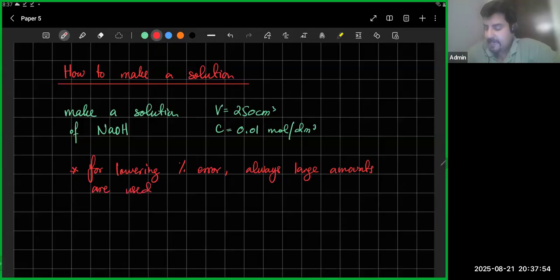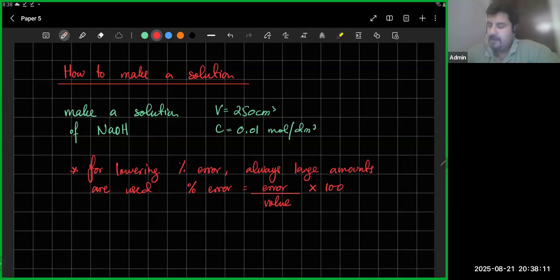Because your percentage error is the error in a measurement divided by the value, whether you're measuring volume, mass or concentration, times 100.